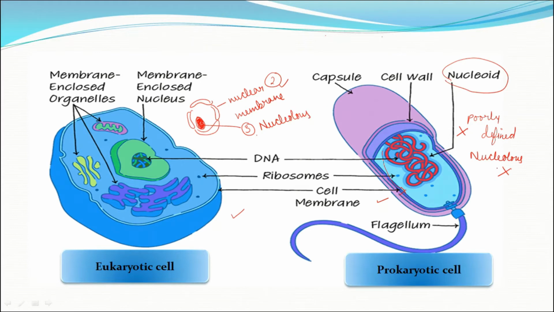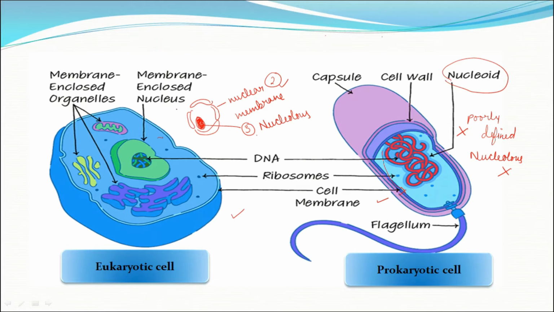And fourth is, because we know prokaryotic cells are generally unicellular, they are very simple in structure, so they don't need specialized organelles to perform functions. But in case of eukaryotic cell, the body is very complex, so they have division of labor and they have specialized organelles to perform different functions. Like the function of mitochondria is energy production.